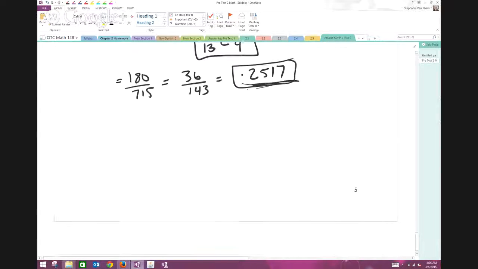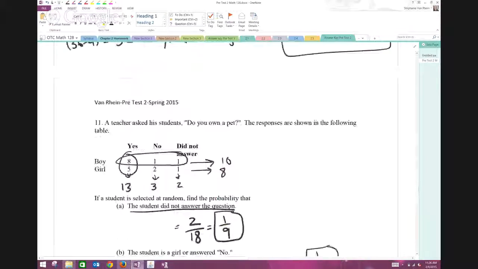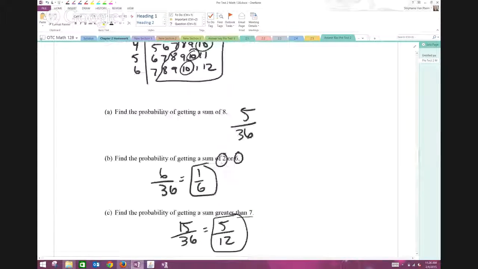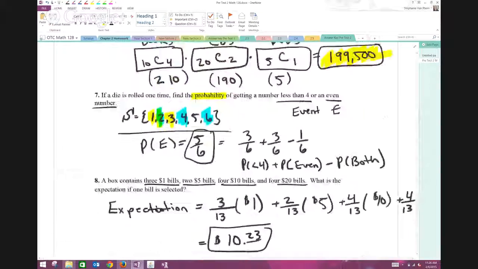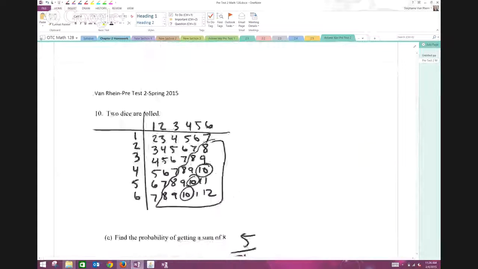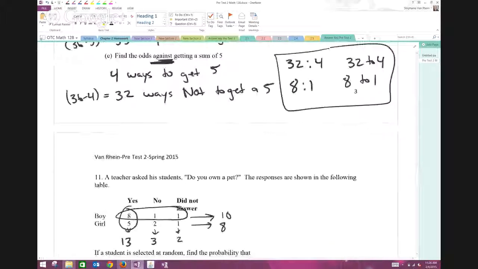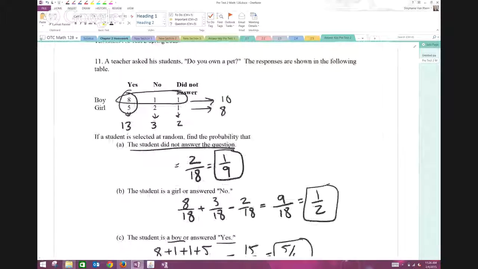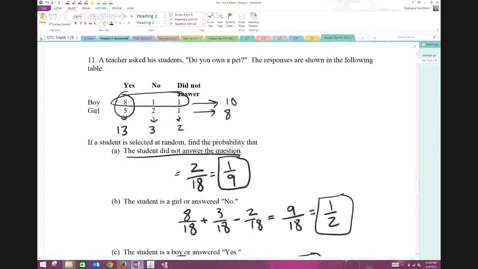So that was the last on the study guide. Some of the ones that maybe didn't come up would be the conditional. If you look back, for example, what's the probability that a boy did not answer the question?